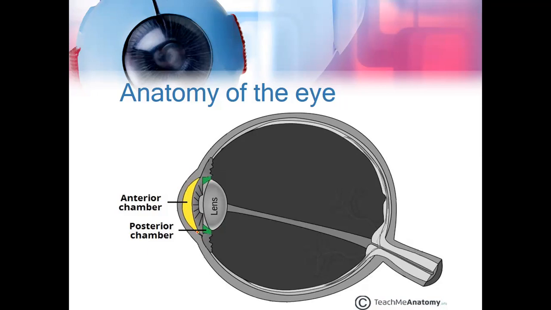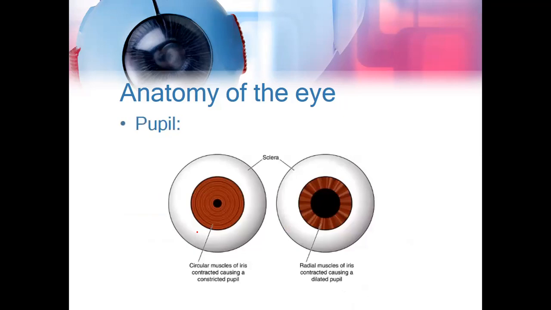How does this liquid get drained? There is a net of little canals, like little tubes, and a main one, which is the Schlemm's canal. You remember Schlemm's canal from anatomy, right? Sorry, here I have the muscles that we were talking about.